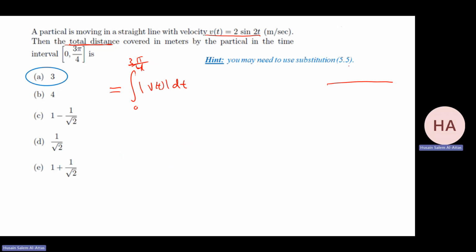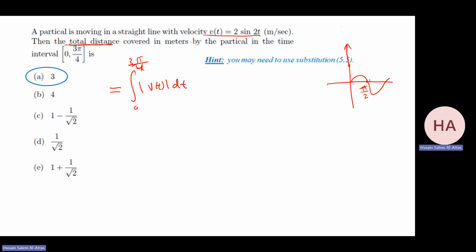This will be the graph of sine 2t, where it will do this. No, this is the sine. But now this one is pi over 2, because it's sine 2t.